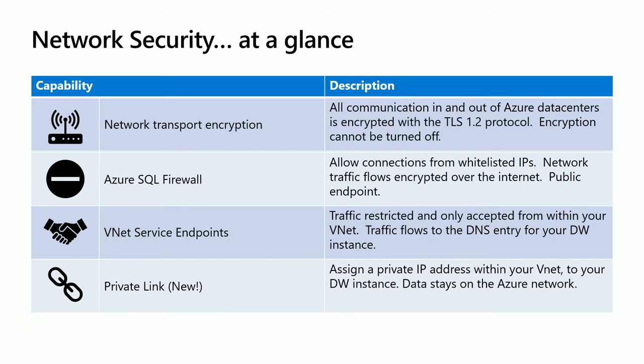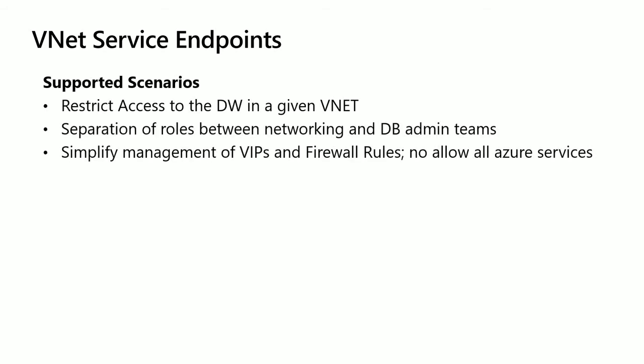So we'll double click a little bit on the last two here, since these are the relatively newer pieces within the network security space. So VNet service endpoints, again, what we're talking about here is restricting access to a DW to your VNet. Here you have now separation of roles between the database admin, the person who's administering the data, and the person who's securing your network.